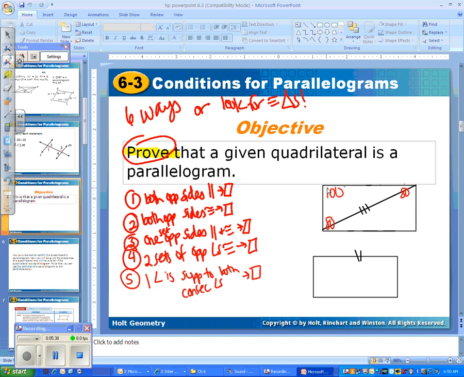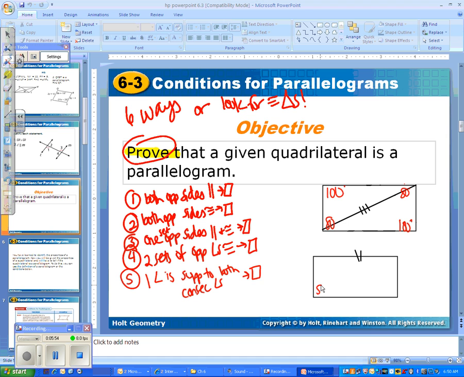If I know that this is 100 degrees, how many degrees are there in all quadrilaterals? 360. So if you add those up and subtract it from 360, you're going to get 100 degrees. So we have opposite angles are congruent, which makes it a parallelogram.